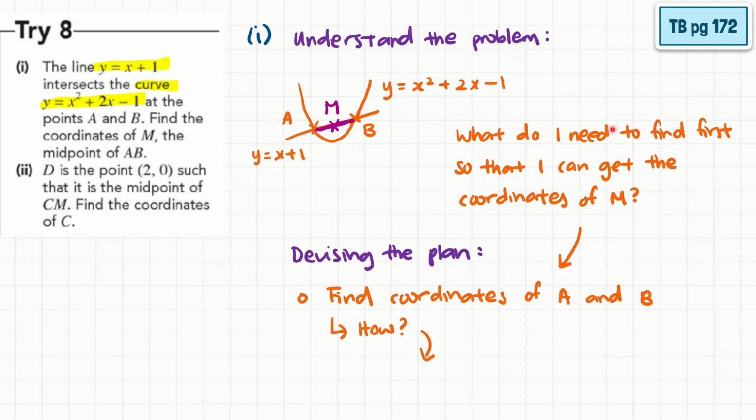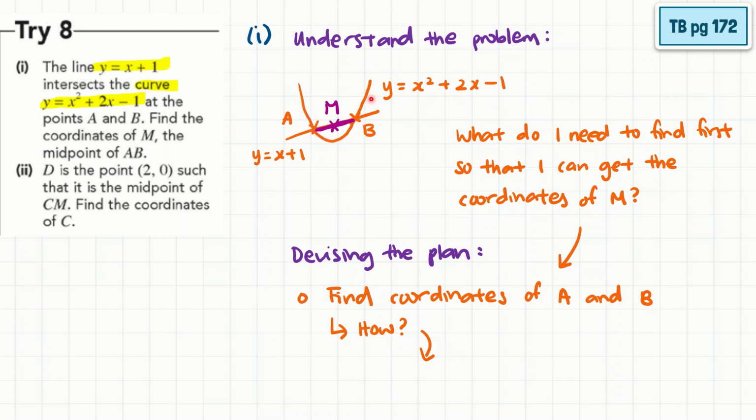In order to do that, since we recognize that A and B are actually the intersection points of your curve as well as your line, we know that when there are intersections between a curve and a line, or any graph at all, we are looking at solving the equations of the curve and the line simultaneously.